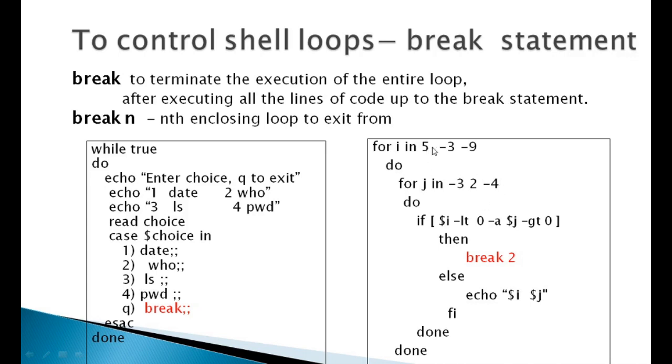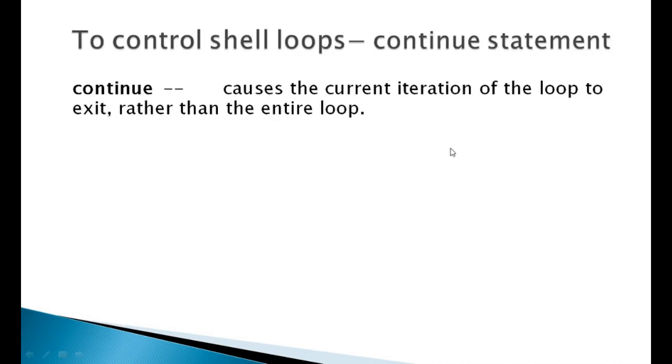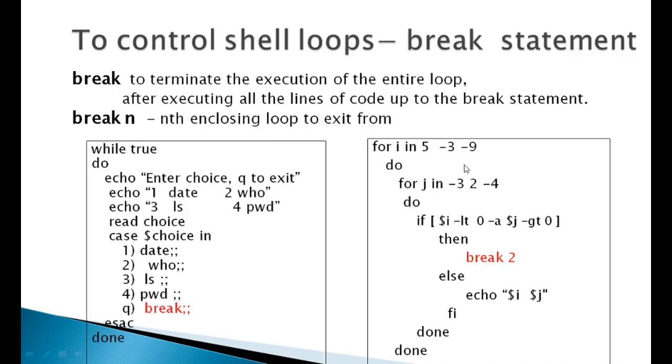In the next iteration, i takes the value minus 3, and then the j values: minus 3 minus 3, minus 3 2, minus 3 minus 4. And in the next iteration, i takes the value minus 9, and j takes the value minus 3, then minus 9 2, minus 9 minus 4. This is how the values are assumed.